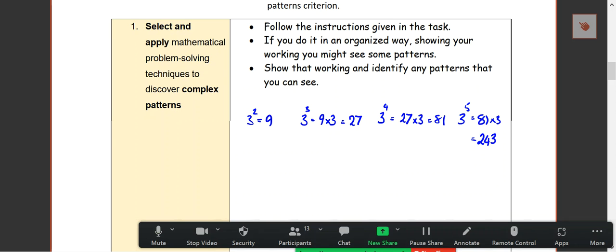Okay, all right. So you can spot that. You can say show your work and identify. So you've spotted that it's just timesing by 3. Okay, so we can write down to continue, multiply by the base again.